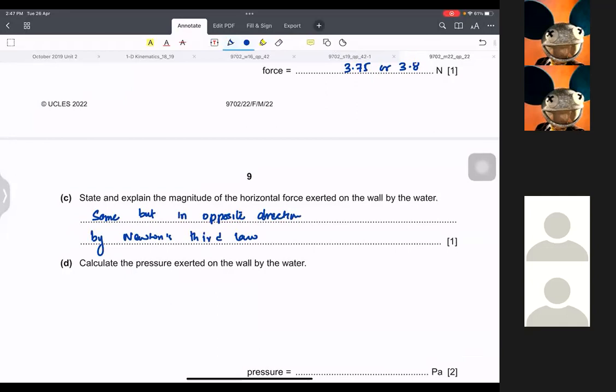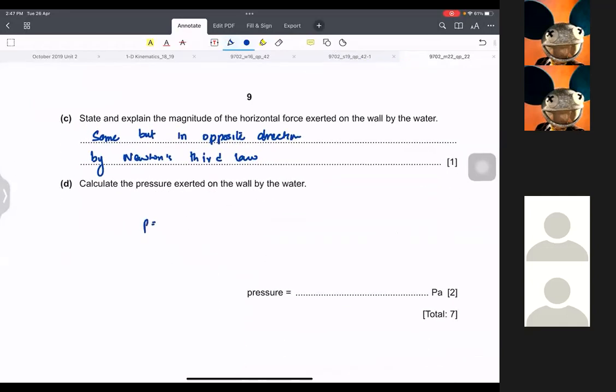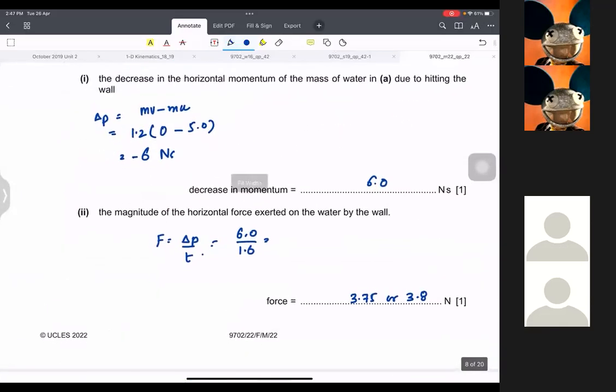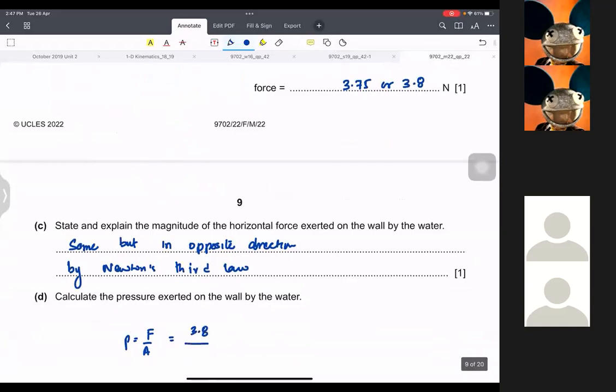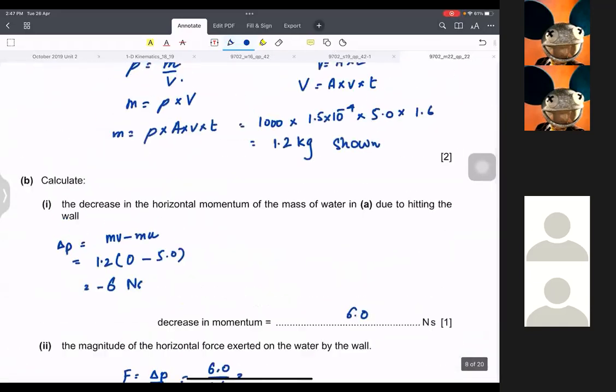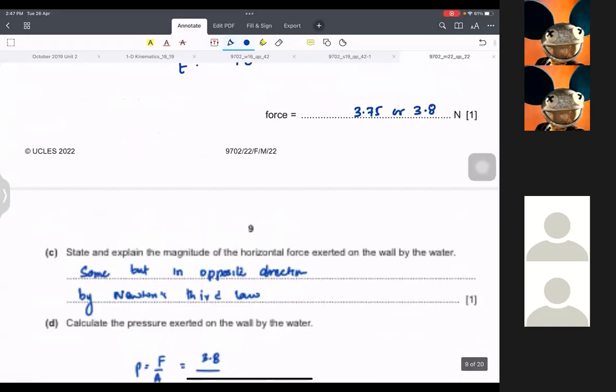Okay, then calculate the pressure exerted. Pressure is force over area. Force was 3.8 newton, area was, I think, 1.5.